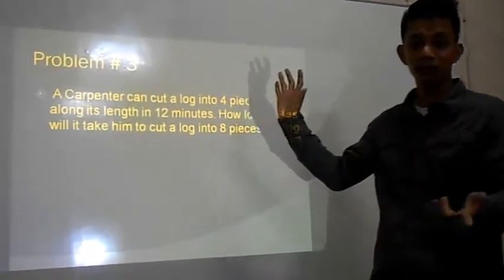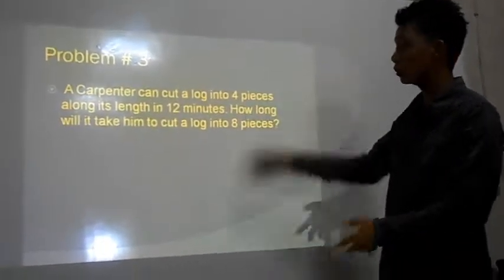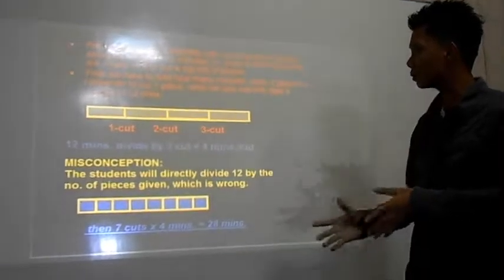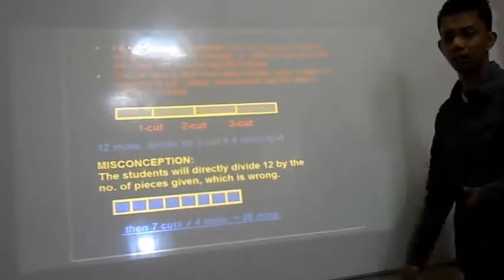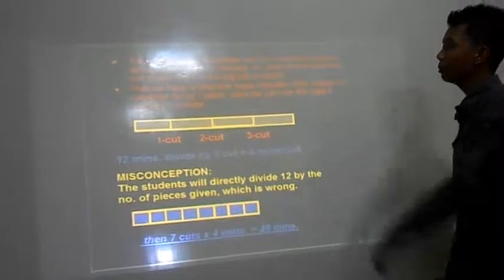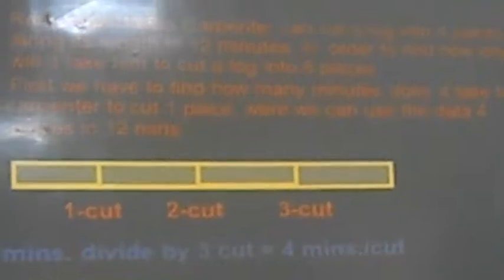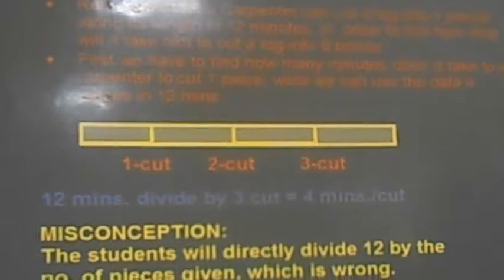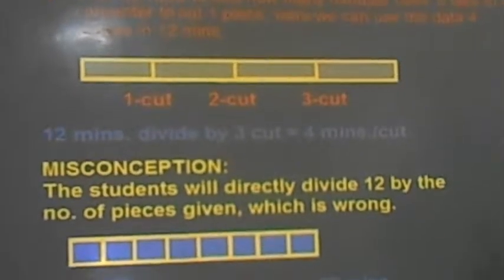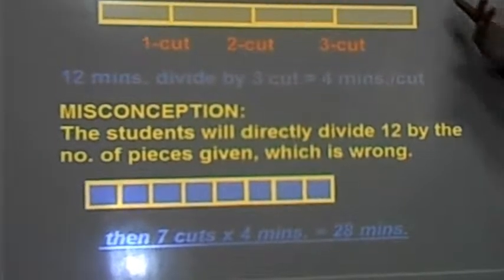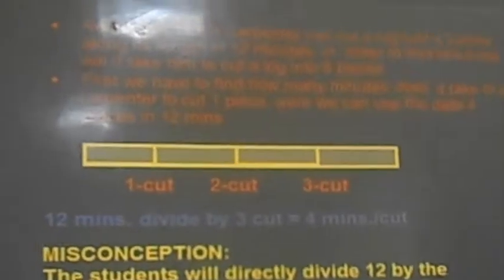So I have here an illustration so that you can see the possible aspects we can consider. First, remember that a carpenter can cut a log into 4 pieces along its length in 12 minutes. The question being asked is how long it will take him to cut a log into 8 pieces.